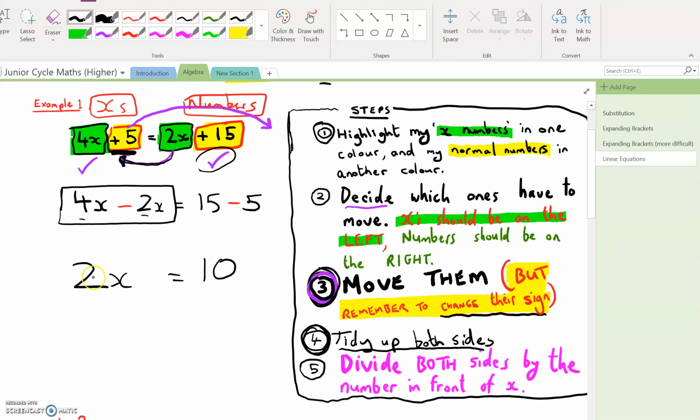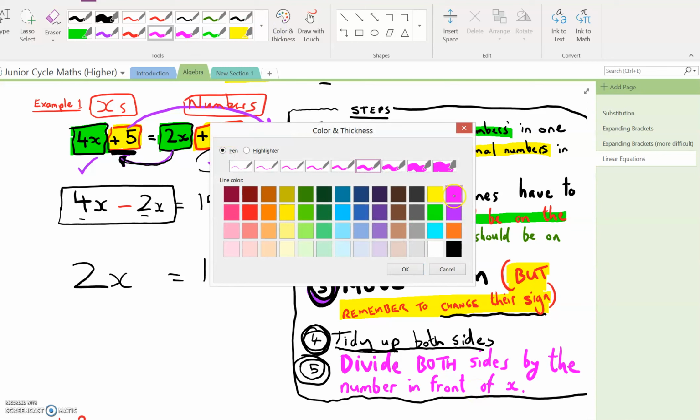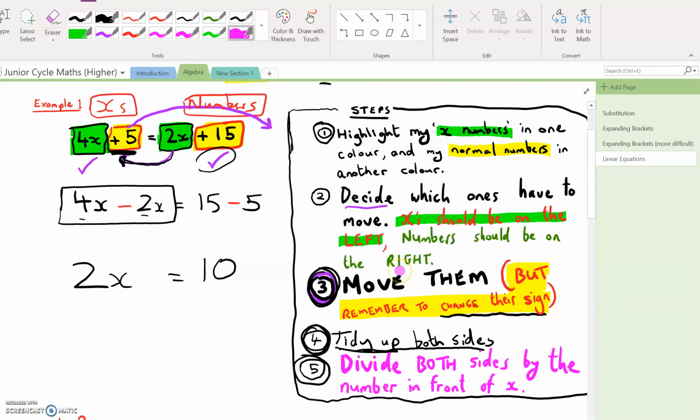Okay, that's both sides tidied up, so that there's just one thing on the left and one thing on the right. On to our last step now. We have to divide both sides by the number in front of x. What number is in front of x? Let's highlight this now so we're clear on this.